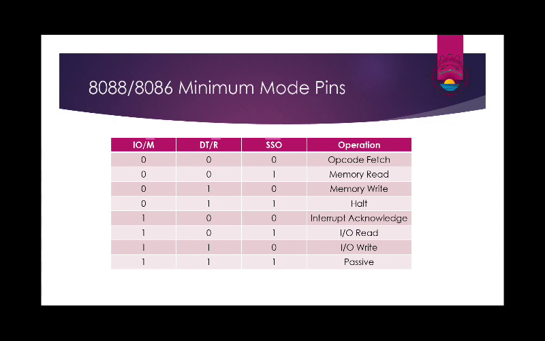In case of 010, the microprocessor is currently executing memory write bus cycle. Then in entry number 4, 011, there is a state of the microprocessor that is called halt state.